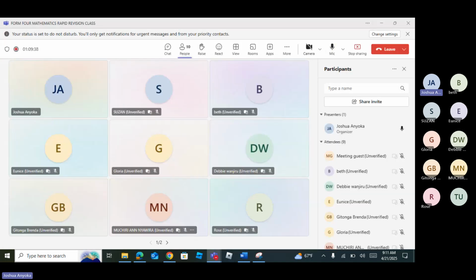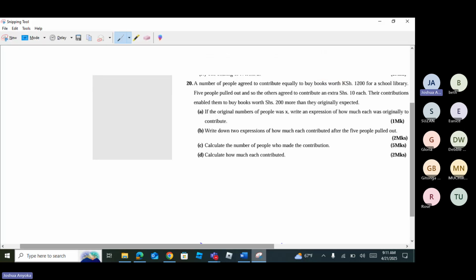Let's raise our hands and say what we have. Part A, just a trial. Unmute, you give us your response to part A. If the original number of people was X, write an expression of how much each was originally to contribute.